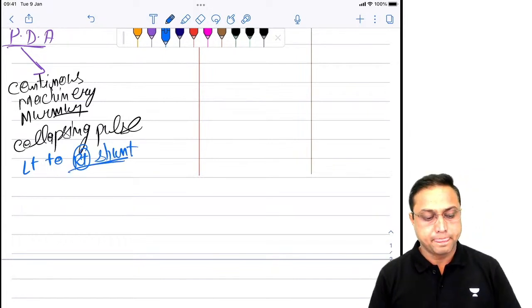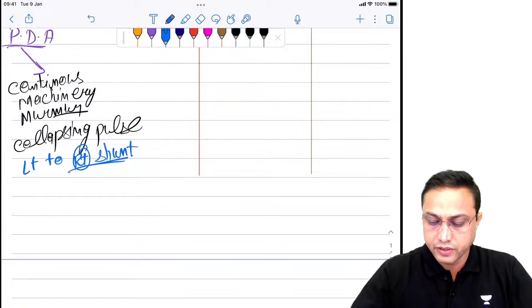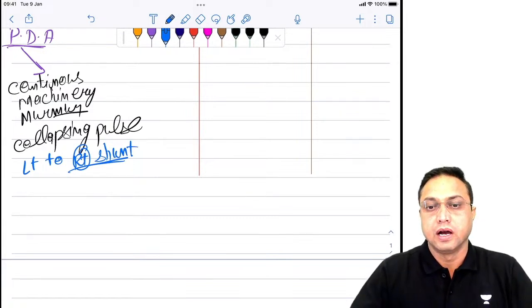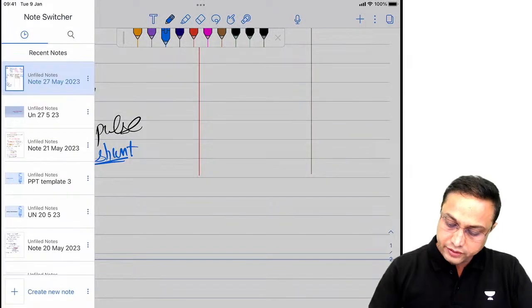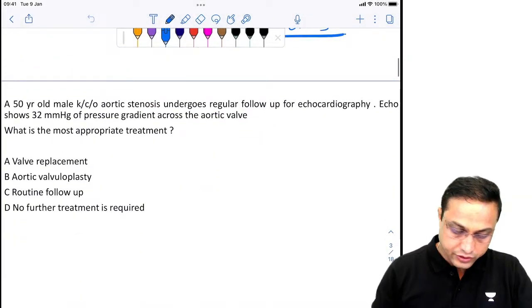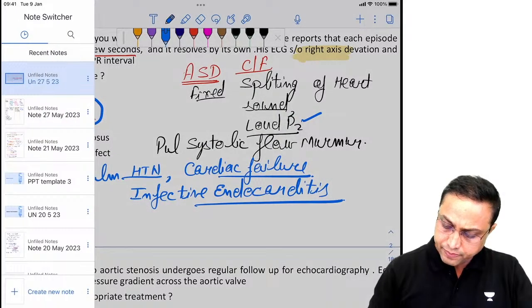Yes, Rohit Pandey, your answer is right, we can see a continuous machinery murmur in PDA. These are some of the clues. If you find all this, please try to correlate it with the question. Okay. Ventricular septal defect, okay.